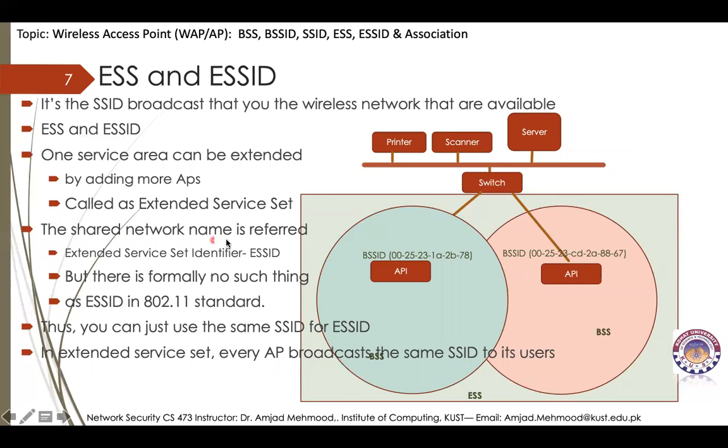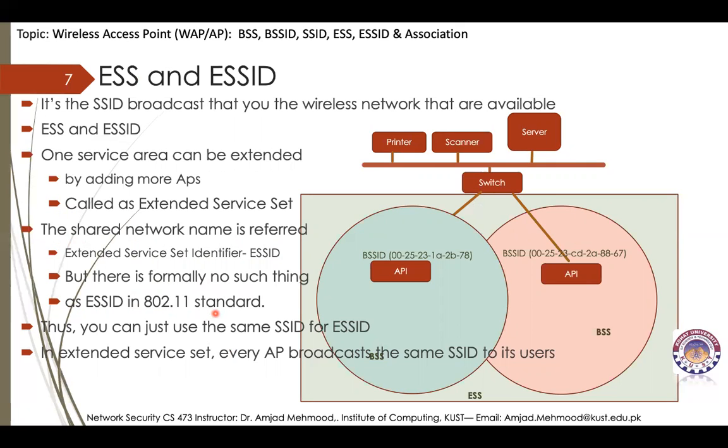The shared network name is referred to as the extended service set identifier, or ESSID, but there is formally no such thing as an ESSID in the 802.11 standard. If you are on the device, you will be getting the network name, or if you are at the access point, you will be setting your MAC address.